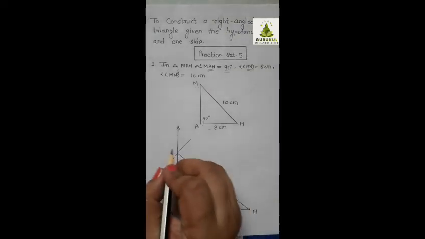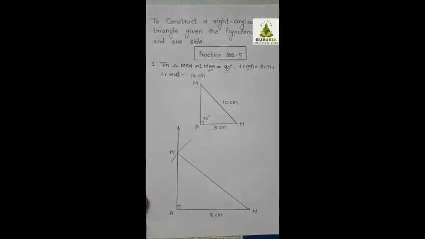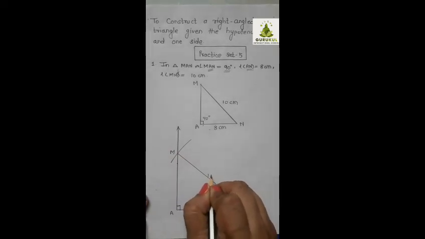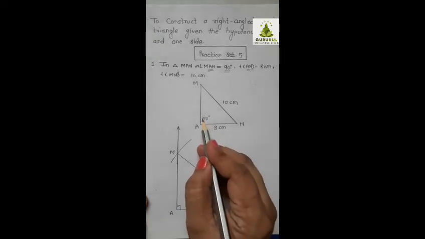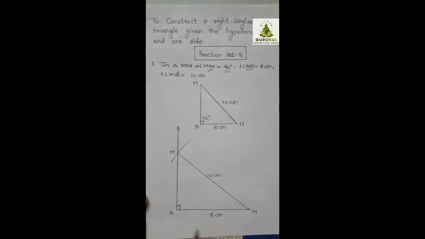So this will be point M, and this length is 10 centimeters, this length is 8 centimeters, and angle A is 90 degrees. Either you make the symbol or you can write with the number. Any one you can do in this figure.